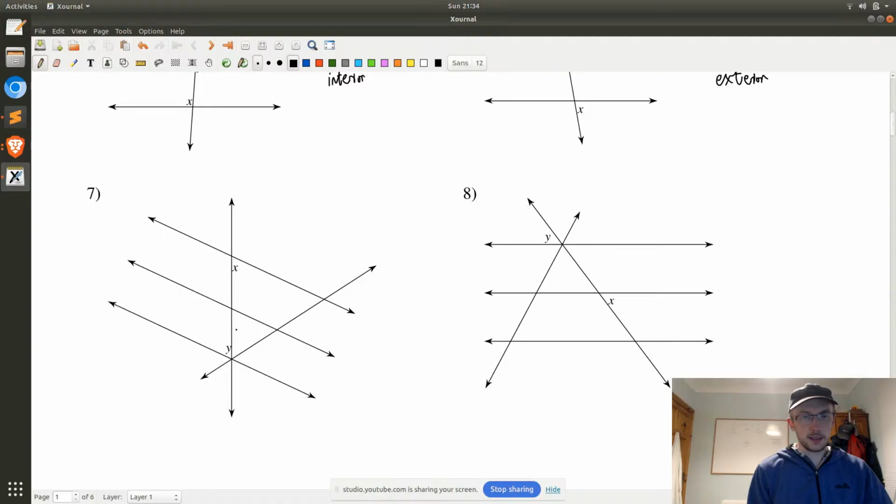Angle X and angle Y are alternate interior angles, but you may not see this, so I'll point it out. There and there. They are alternate interior angles.